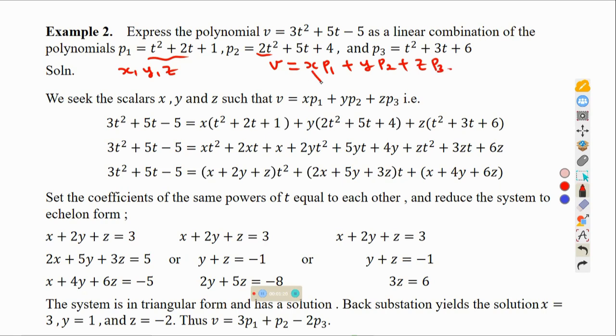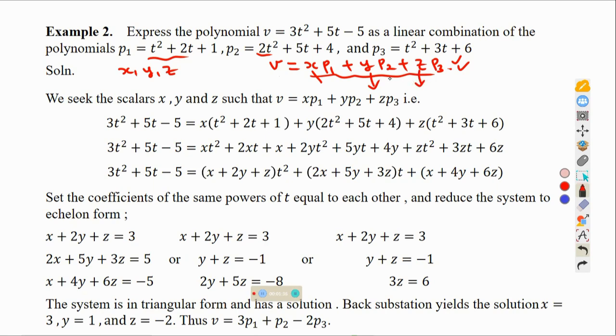So this is what we are interested in. We need to show that v can be written as a linear combination of p1, p2, and p3. And if that is the case, then we shall need to solve for x, y, and z.